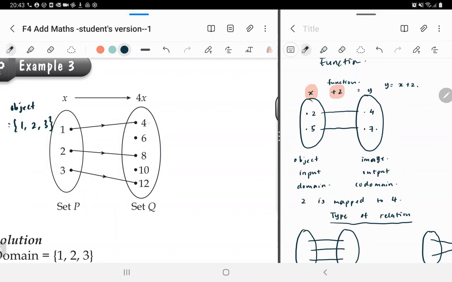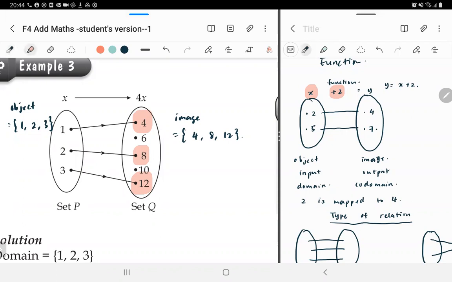So the numbers being mapped to here, which are 4, 8, and 12, we call these 3 items images. So our images will be 4, 8, and 12. The ones left alone here, the 6 and 10, we call non-images because they don't map with any number. And then everything in this set Q here, we call the codomain.